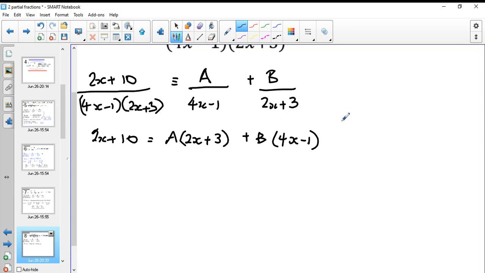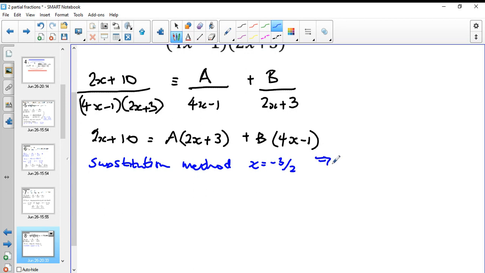Okay. Now then, we can use substitution, which some students like. So if we were going to substitute to get rid of this bracket, I would need to substitute x equals minus 3 halves.